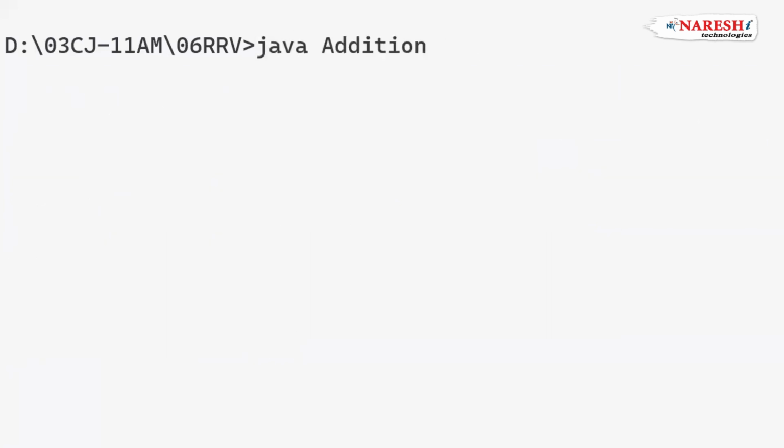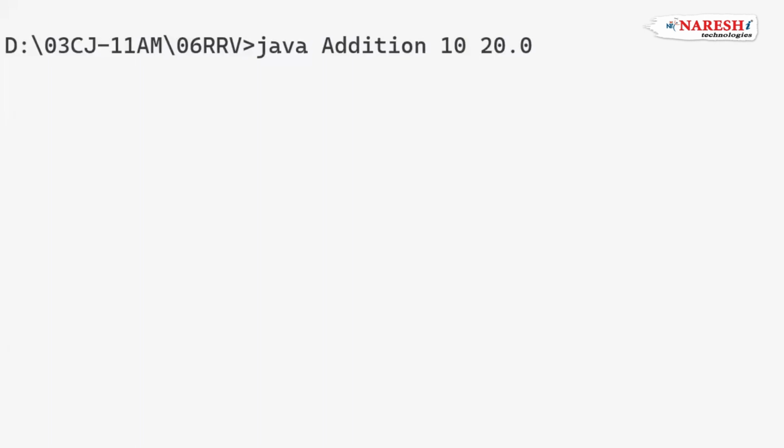Everyone tell me, I am passing here 10, 20.0. Allowed or not allowed? Is 10 allowed? Yes. 10 is passed, read by args[0], and parseInt removes the double quotes; the value coming out is 10, converted and stored in A. Then args[1] reads 20.0; the parse method removes the double quotes, and the value coming is 20.0.